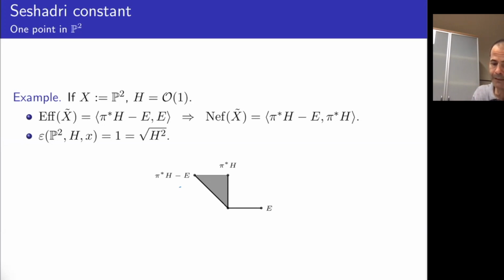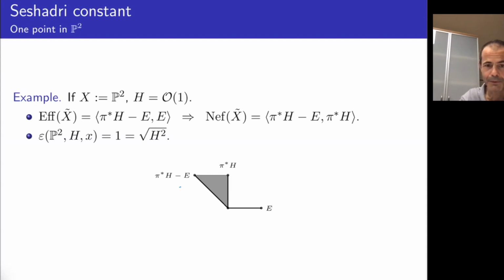By duality, we can compute the nef cone of the blow up of P2, which turns out to be this gray cone. The extreme rays are the pullback of H, which is orthogonal to E, and again the strict transform of the line through the point.